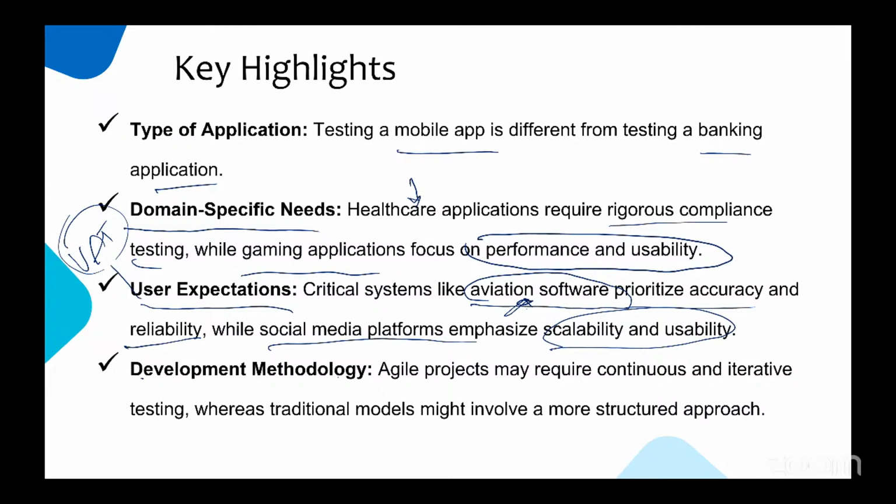And again, development methodology, which is not in our hands. This will be decided by the organization. Agile projects may require continuous and iterative testing, whereas traditional, this word you will come across in many places, traditional model, nothing but waterfall model, V model, involves a more structured approach.